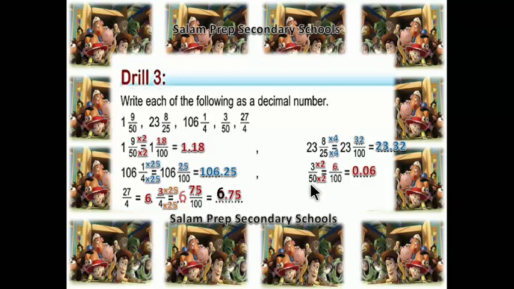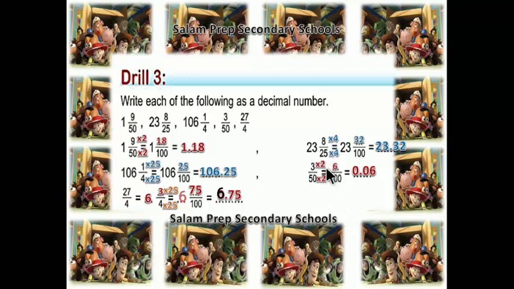3/50. We need to make 50 to 100, okay? So 50 times 2 equal 100. 3 times 2 equal 6. Now our fraction is 6 over 100 equal.